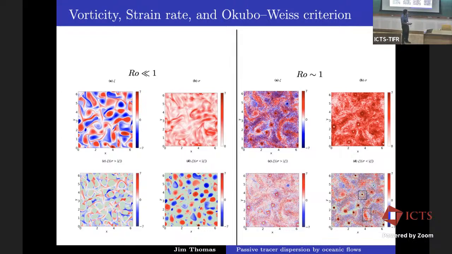When you look at higher Rossby number, this is the vorticity field, strain, the strain dominant region is marked here, and this is the vorticity dominant region. The highlight at high Rossby numbers or sub-mesoscales is that the vorticity dominant region now has two kinds of structures, highlighted in these black boxes here. Vorticity dominant regions have these coherent structures.